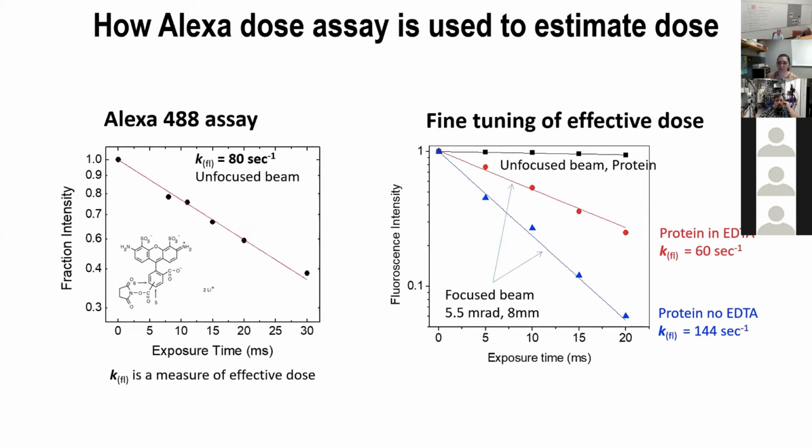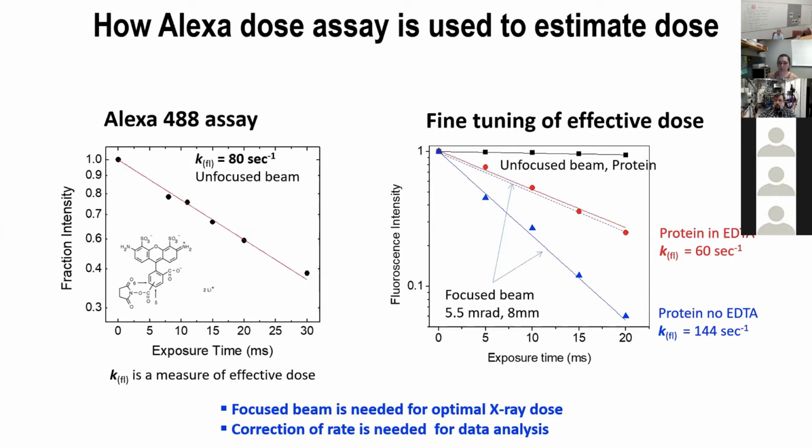In this technique, we compare two samples, and it's very important to have the same amount of dose. So this Alexa measurement at the beginning helped us find out the difference in the dose. We can correct for this factor in the later data analysis part. So overall, it shows how the focused beam is important for the optimal dose and the correction that we need.